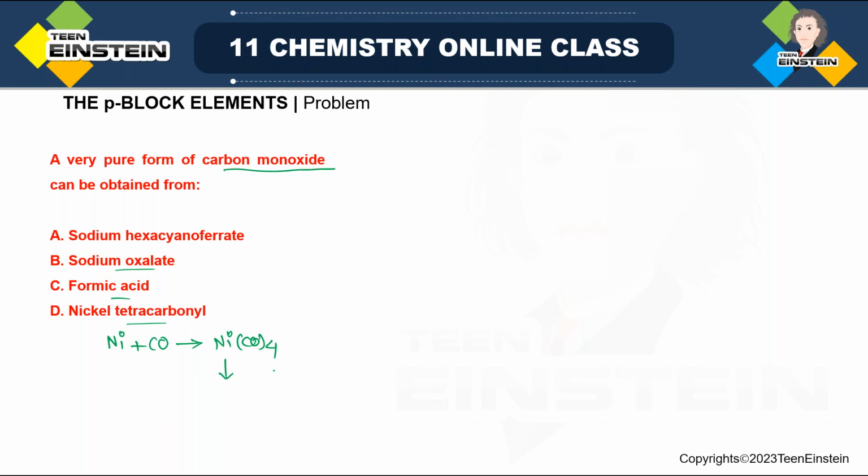For the second time, the temperature is very high, we decompose this complex again and here we get pure nickel. But remember, this is also a method for formation of pure carbon monoxide. So here we get both these compounds in pure form. This is actually the Mond process, which is mainly focused on nickel, but we can also make a pure form of carbon monoxide. So the last option will be the correct option, not the other three, that is sodium oxalate, formic acid or sodium hexacyanoferrate.